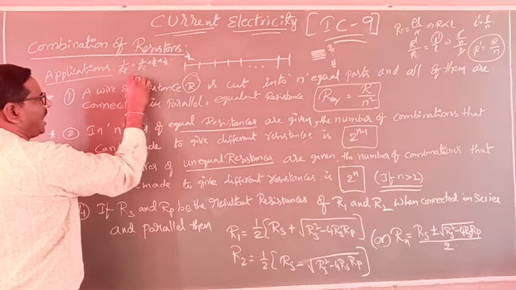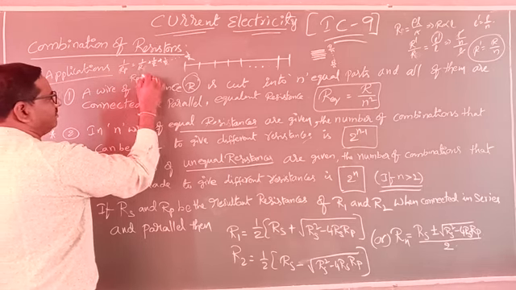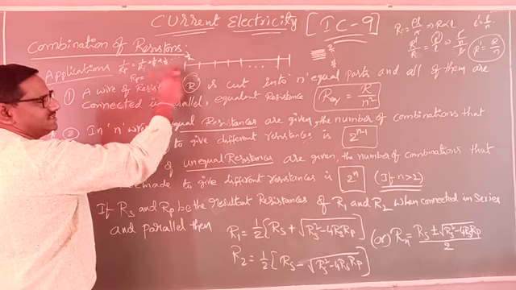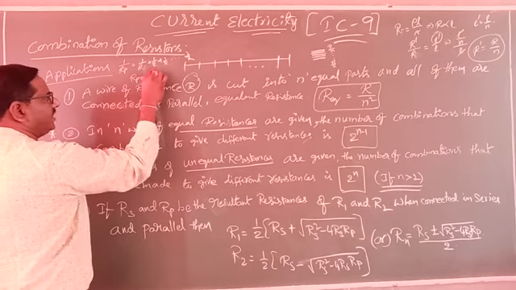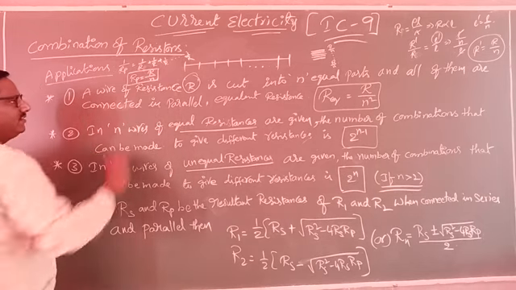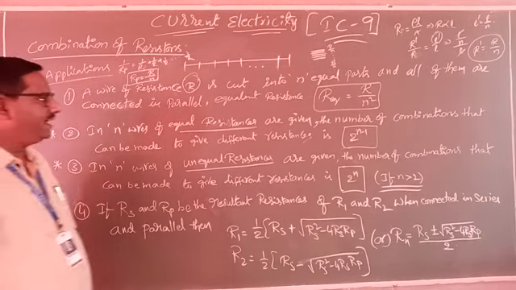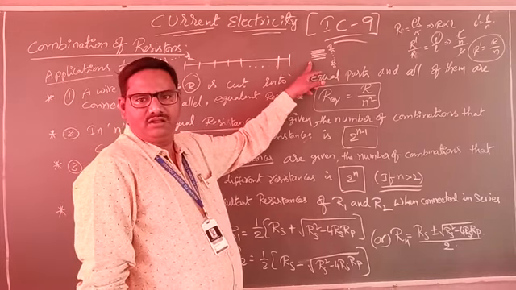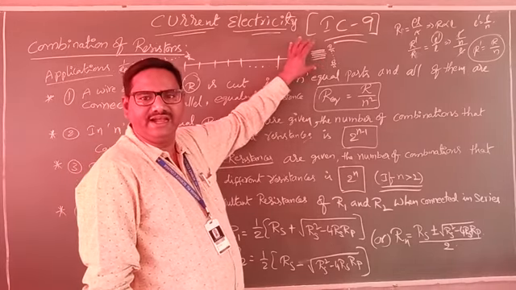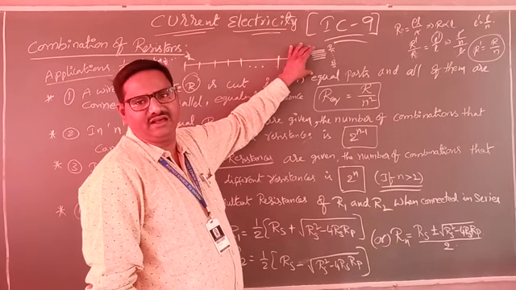In short form, take the LCM R, so n by R, so finally Rp equals R by n. Understood.